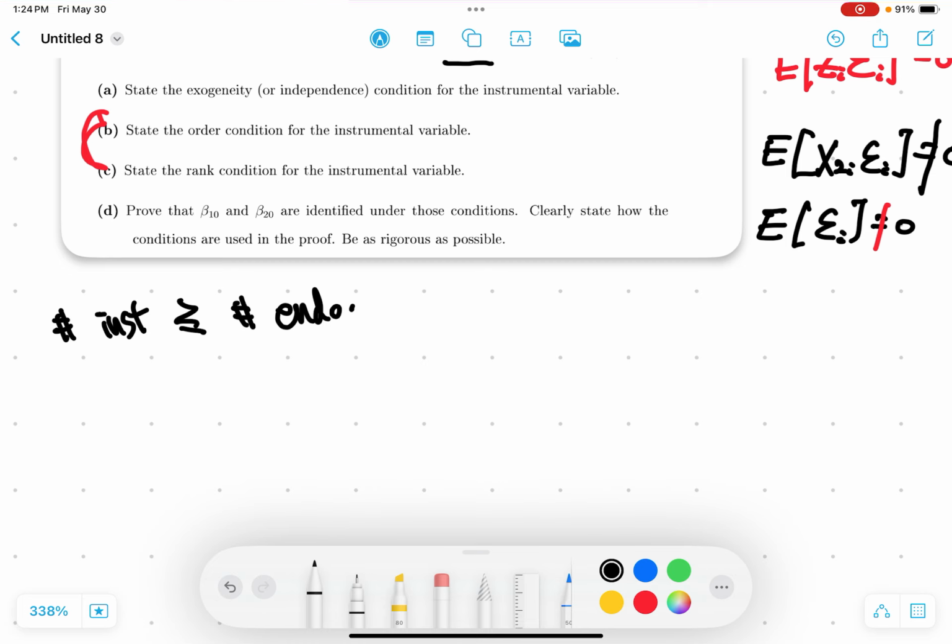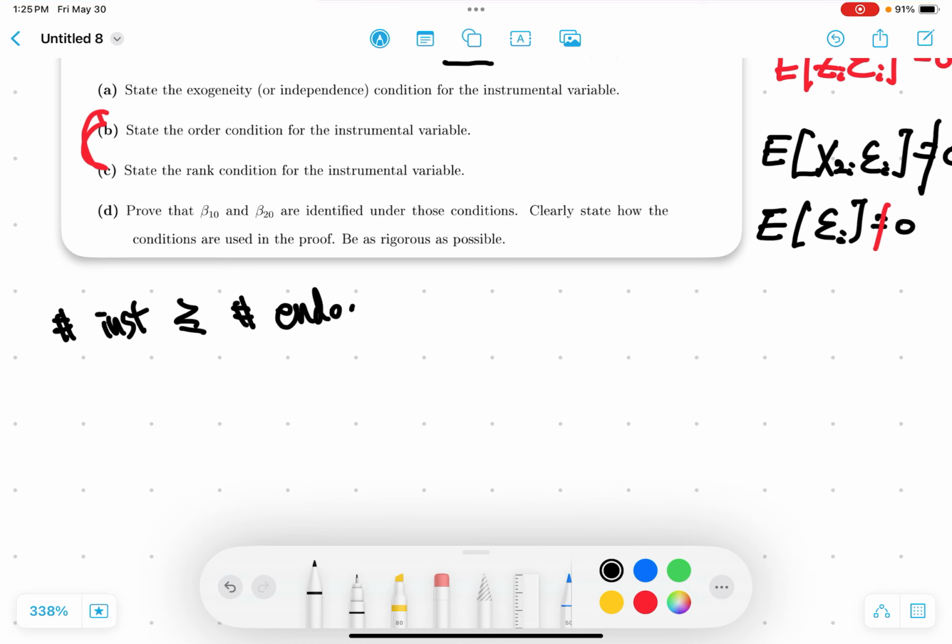But some of you wrote homoscedasticity and no autocorrelation. I cannot explain why that is wrong. It has nothing to do with the intended order condition at all. Homoscedasticity doesn't mean anything here. Right, and yeah, all of you have done well.